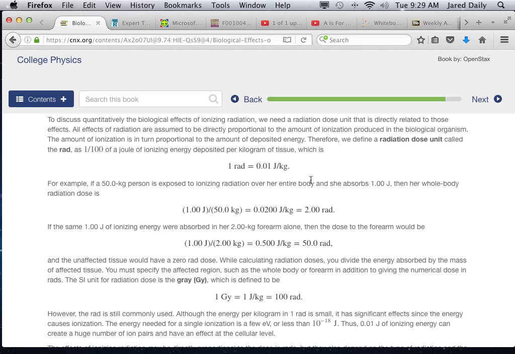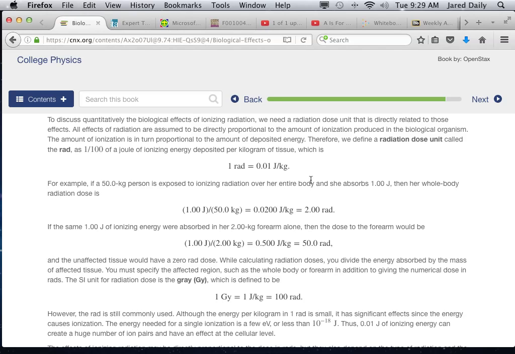The joule is the amount of energy coming from the radiation itself, and the kilogram is how much of the body is exposed to it. It's kind of a funky mixed unit, where you have energy from one thing affecting mass of biological matter in another.